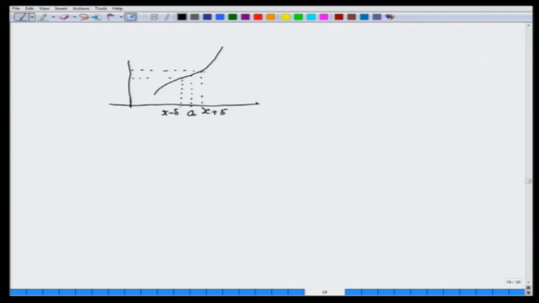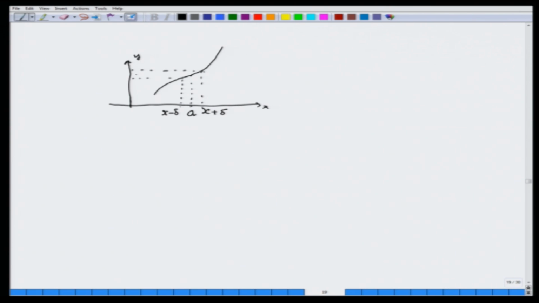sorry, this is my x axis and this is my y axis, I am not repeating because these are very common things. So, you take a nice function, it is a very nice looking function, smooth and essentially a continuous curve. You see that whatever x I take here, we always have the f(x) lying in this particular band.